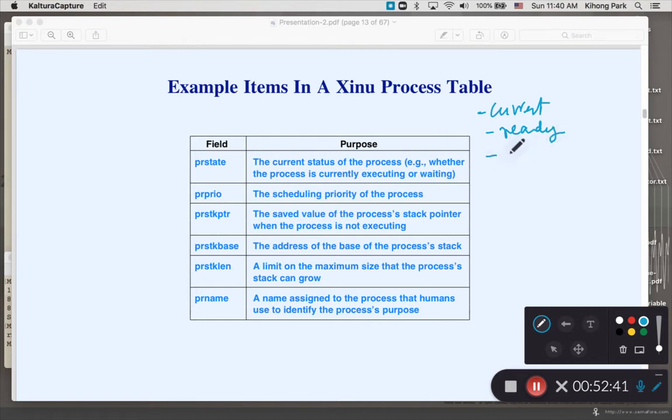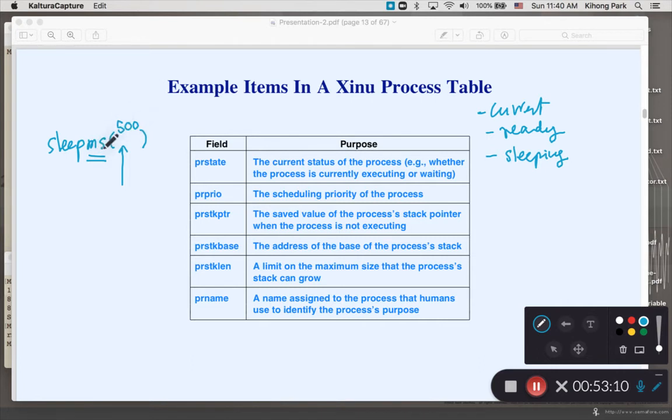It sleeps. We make a sleep system call and it's sleeping. In Xenu, sleep MS is a system call where through the system call we say, hey, put me, that is, this is a process, put me to sleep for this many milliseconds. So if we put here 500, it means half a second.